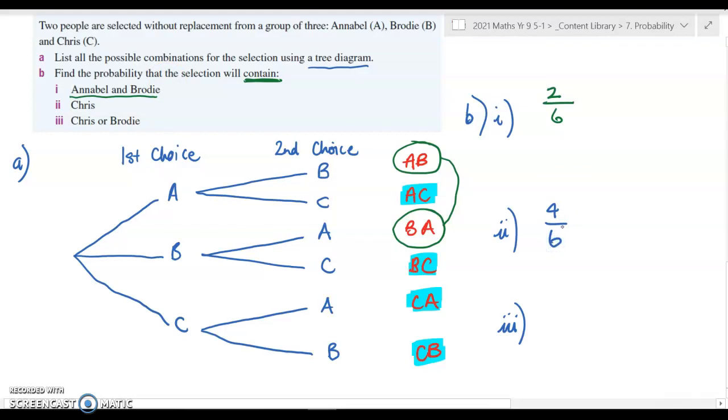And my last question, find the probability that the selection will contain Chris or Brodie. Let's use a different colour for that.